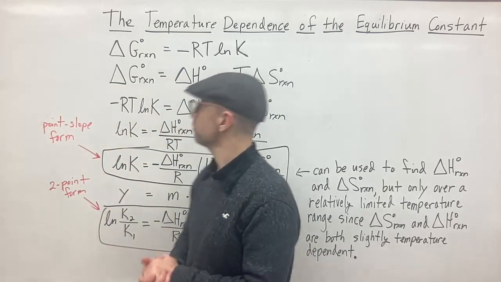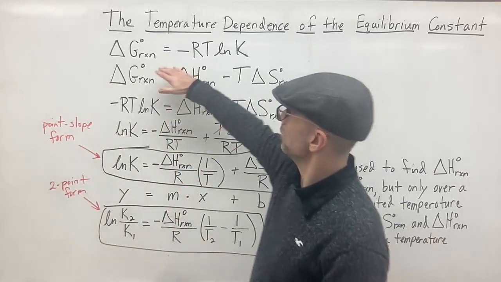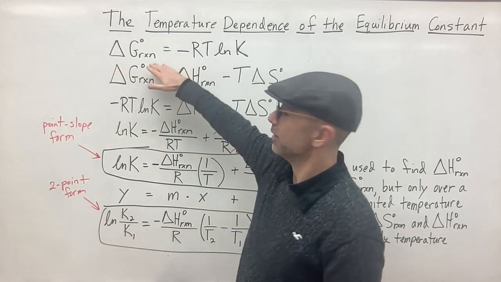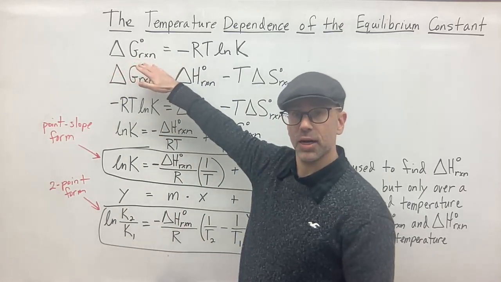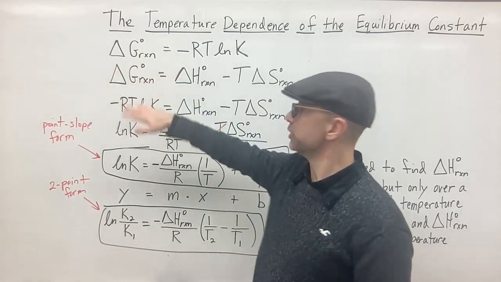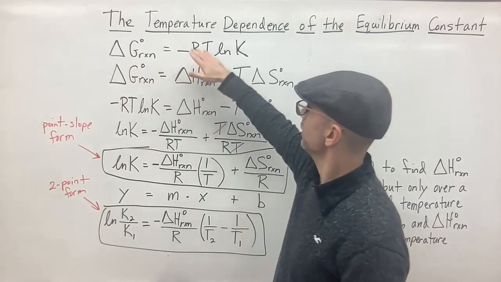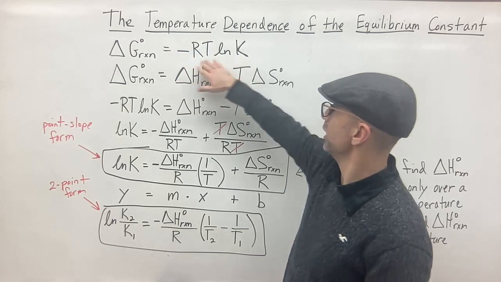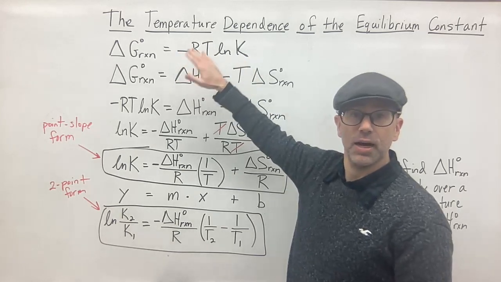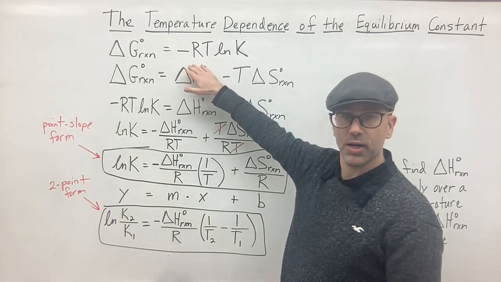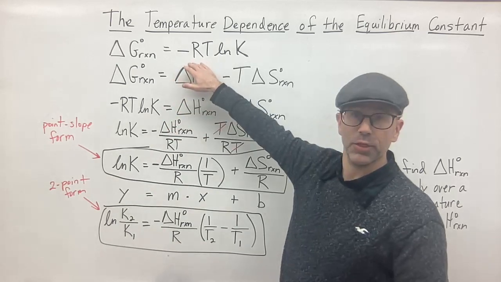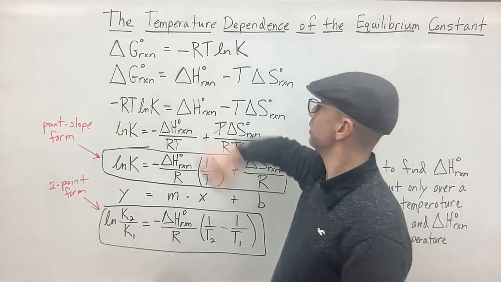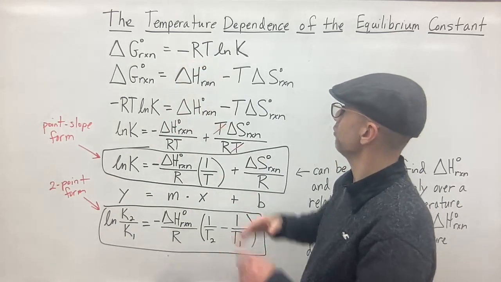So first, let's point out that in a previous video we saw that the standard free energy change of a reaction is going to be equal to the negative RT ln of K, where R is the ideal gas law constant, 8.314 joules per mole Kelvin.